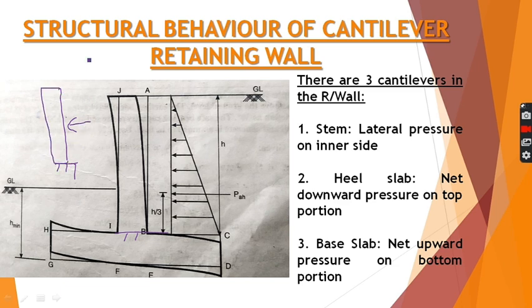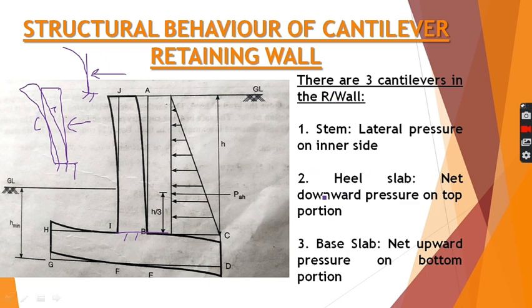As you know the concept of cantilever, if a load is from this direction and this is fixed at this end, the cantilever will behave like this. So this can bend like this. So now this will be the tension zone and this will be the compression zone for the stem.